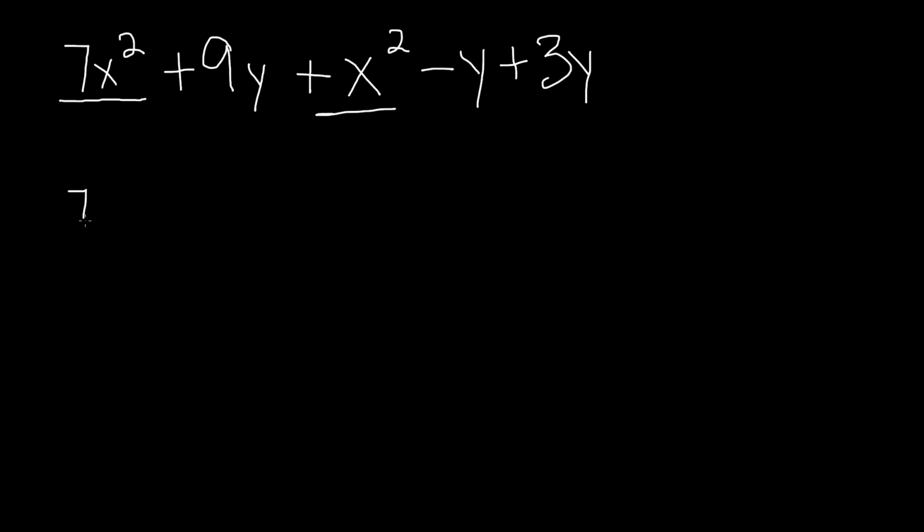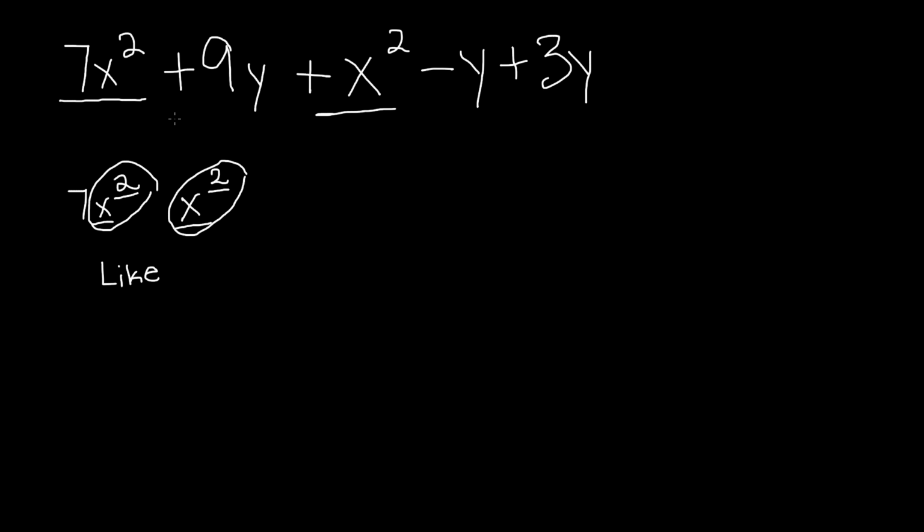Now the variable in 7x to the power of 2 is x, and the variable in x to the power of 2 is x. The power of the variable x in 7x to the power of 2 is 2, and the power of the variable in x to the power of 2 is 2. Both of the factors are the same, so now we can call them like terms.